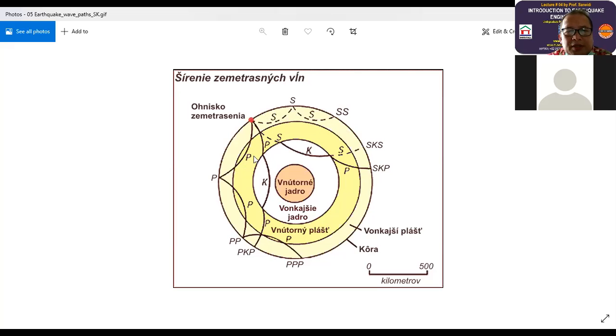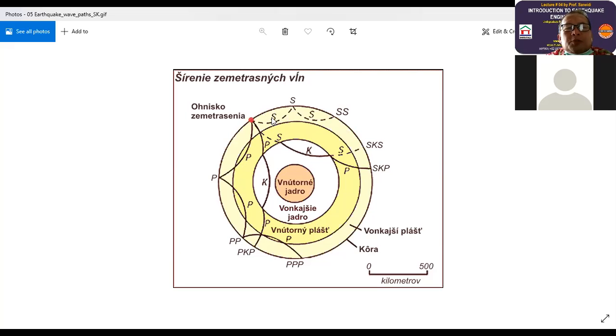So it could be SS and PP, and etc., because there are layers beneath the earth. That's right. Inside of our earth, there are many layers.